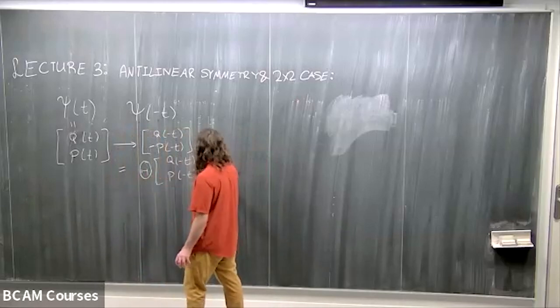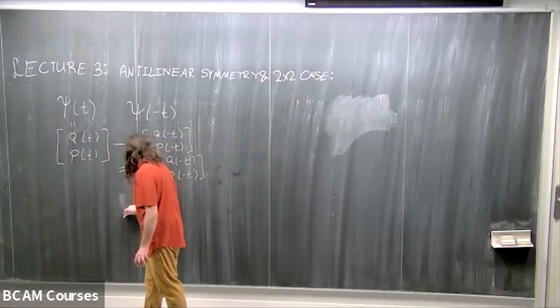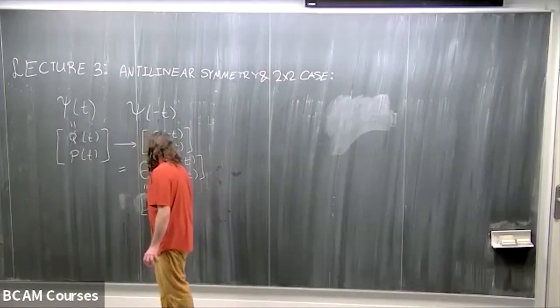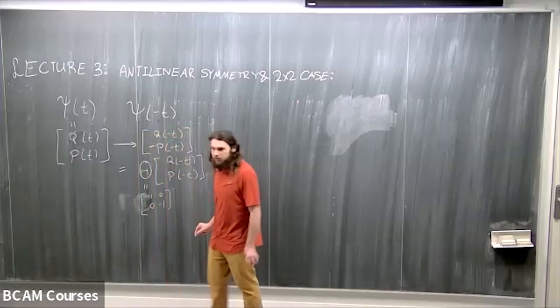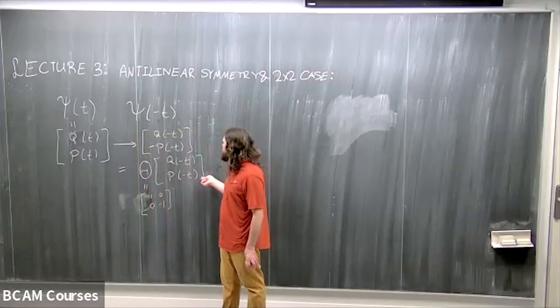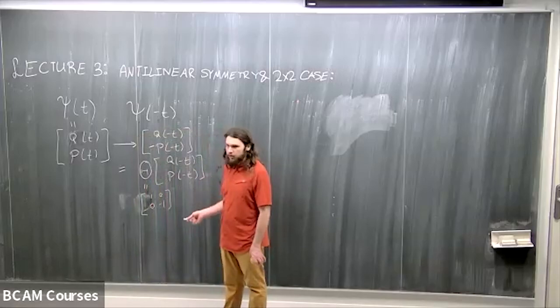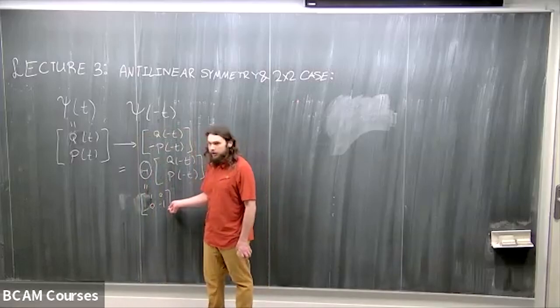And so theta, in our case, will be this Pauli Z matrix. So in the case of the dynamical system corresponding to a particle moving in one dimension, time reversal is implemented by this simple operation.